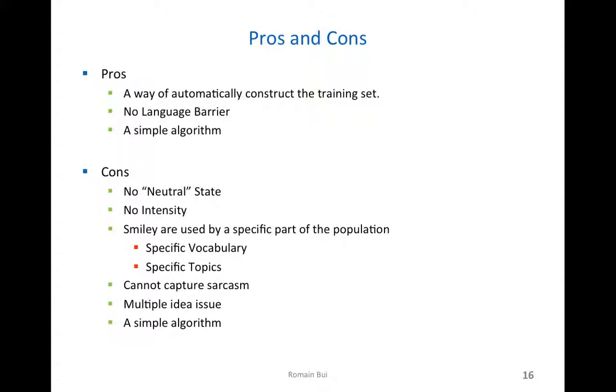The pros, obviously, it's pretty obvious that it's a way to automatically construct the training set. You do know how costly it can be to have a training set, and that can be a very nice way of doing so. You have no language barrier. I mean, the smiley faces are international. Everybody uses them in the same manner.